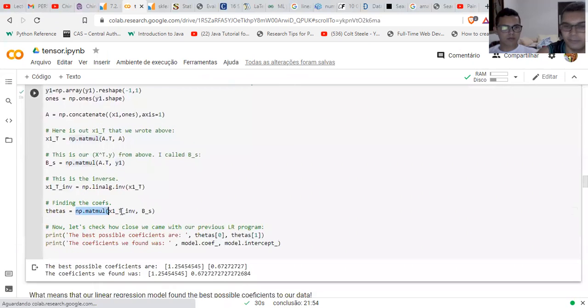This code is going to be in the description of the video, so you guys don't have to remember it. You can check it by yourself. Just by doing this algebra and calculus, we can find the theta that we want with the normal equation. And I printed them and compared them. They are just the same as from the gradient descent that we made.